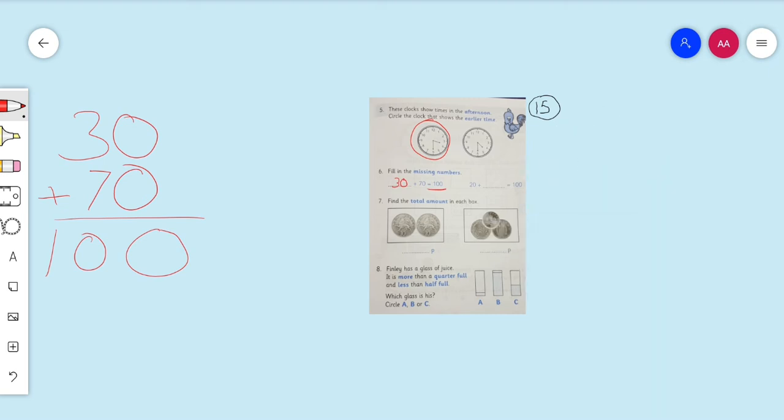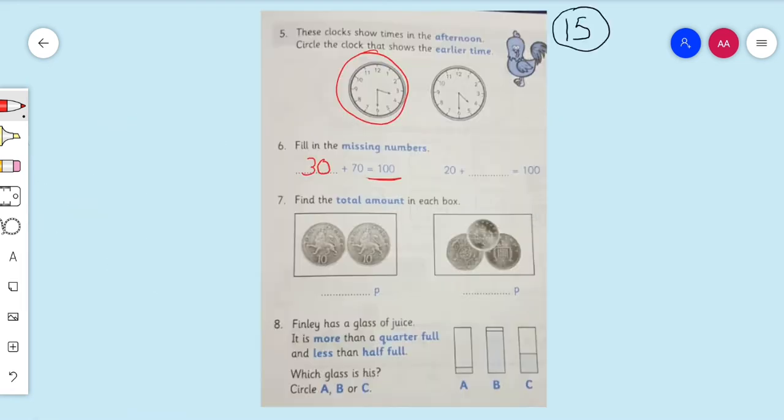The second one is 20 plus something equals 100. To do 20 plus something equals 100, let's assume this something is maybe now it can be a B. Yeah, a B because the A was for last time, but you can still do it A, but let's just move on.